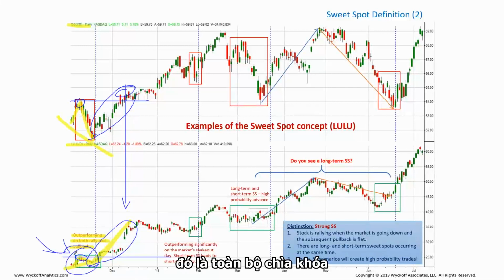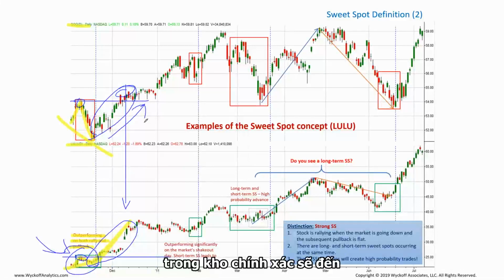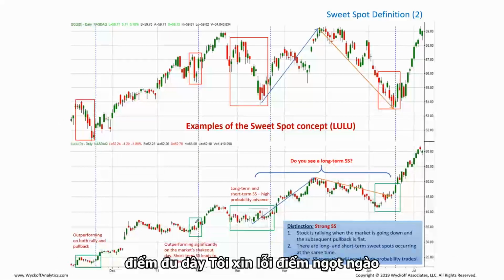That's the whole key. We do not just want to be right, like being in the market. We want to be in the correct stock that's going to outperform the market. We want to choose something that is going to be more significant in the performance than the market itself. Look at the next sweet spot.